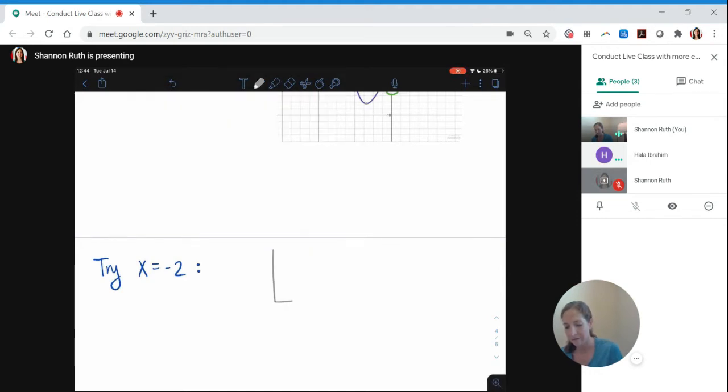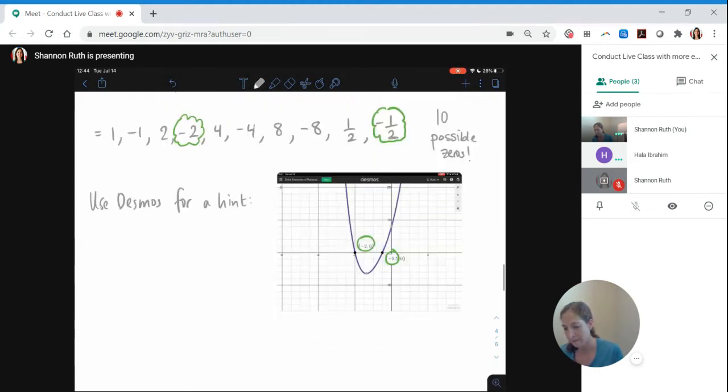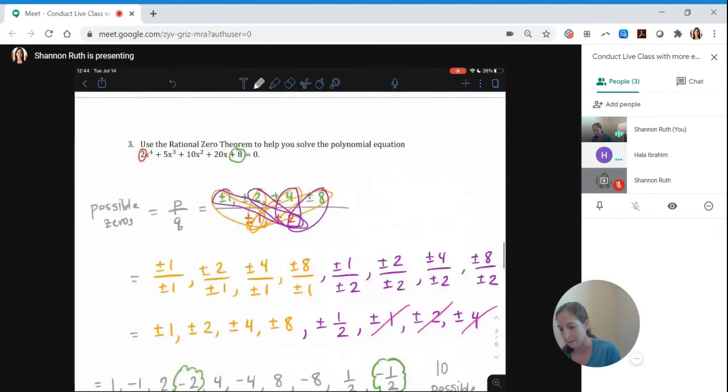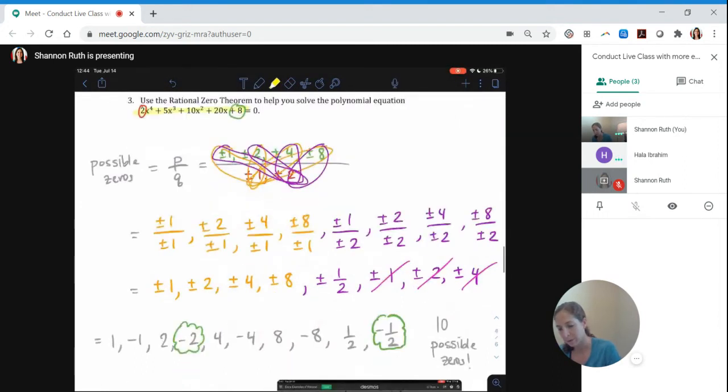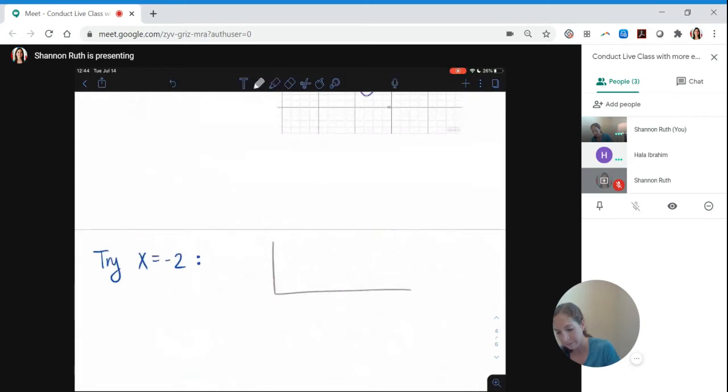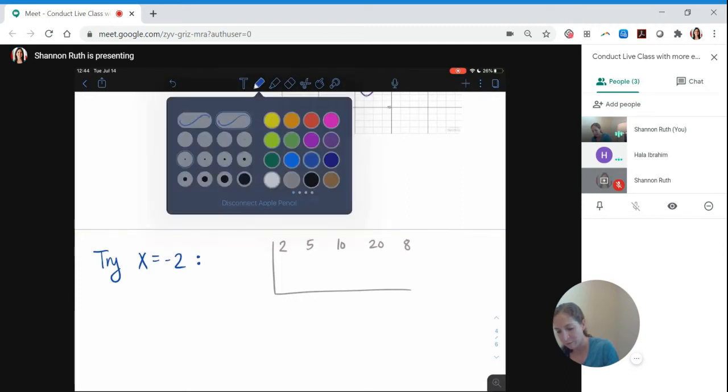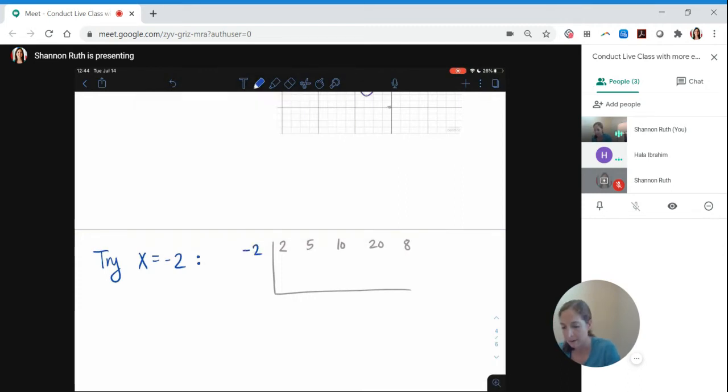So our synthetic division from the original, just to go back up here, I'm going to be snagging my coefficients of 2, 5, 10, 20, and 8. And we'll divide by that -2 or the -1/2, doesn't matter.